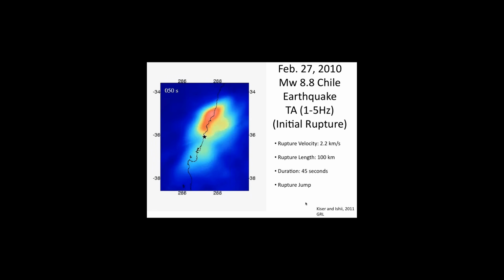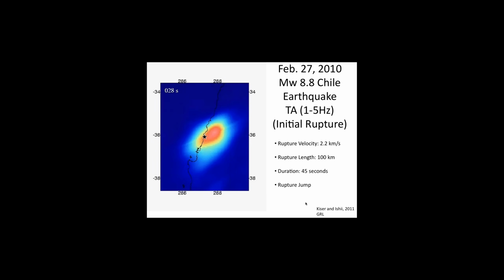This northeast movement of the rupture has a rupture velocity of 2.2 kilometers per second. The rupture length is about 100 kilometers, and the duration of this initial rupture is 45 seconds. So the reason why I cut this off at 45 seconds is because you may have noticed it already. At 45 seconds, you have a jump in this rupture from down dip to further up dip.